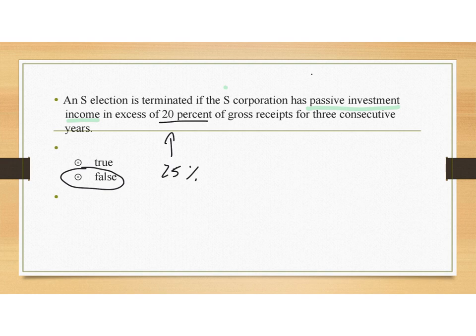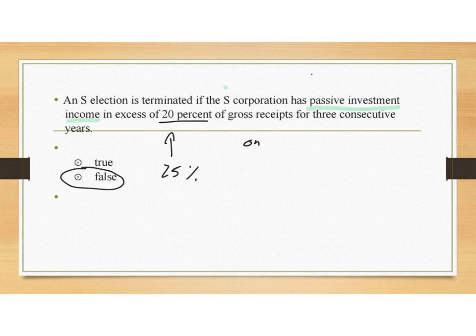Remember that the excess net passive income tax applies only to S corporations that have previously been C corporations, and they have to have accumulated earnings and profits from a prior C corporation year.